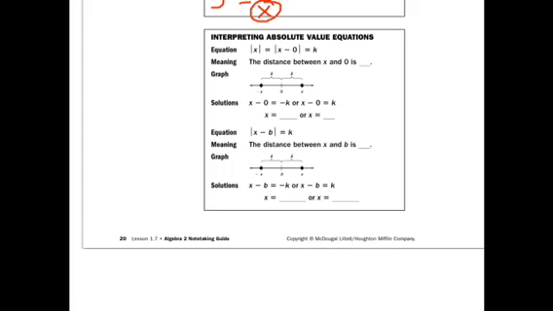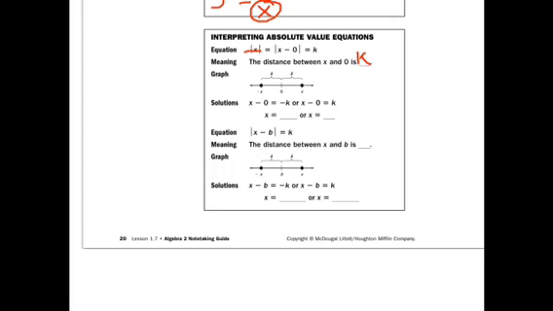Alright, so when you're interpreting the absolute value of equations, they have a lot of verbiage here and a lot of words that may or may not mean something to you. I'll try to go through it quick because I think when we get to the numbers it'll make a little more sense. If the absolute value of x minus 0 equals k, the distance between x and 0 is called k.